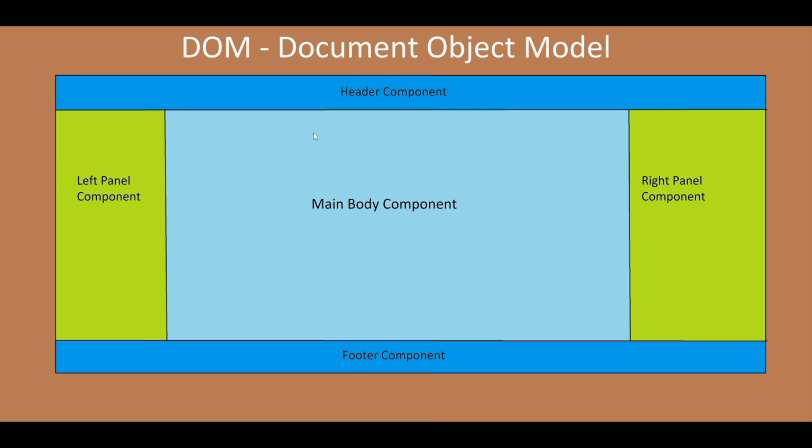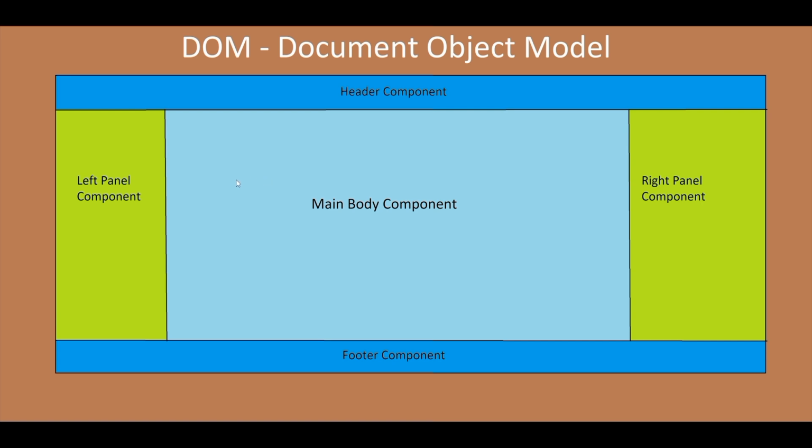And what is a local component? Suppose this is the main body component. The header is a component, and there are different components: left panel, right panel, footer component. Suppose I need a listing or a form that I need to render.